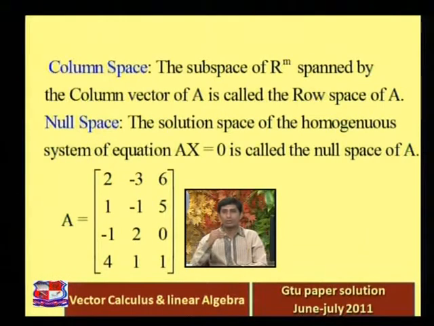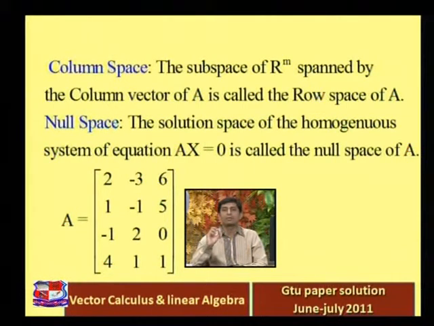We convert this matrix into row echelon form, and whatever the row echelon form matrix is, suppose that is called capital U. The non-zero rows in that matrix are our row vectors. Suppose the first three rows are non-zero and the fourth row is a zero row. Then the first three row vectors are exactly the basis for the row space of A. And the columns of A corresponding to the non-zero leading columns of U are the basis for the column space of A. Okay.